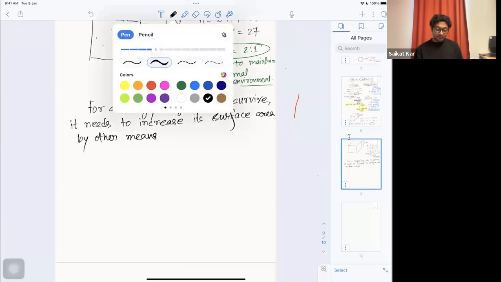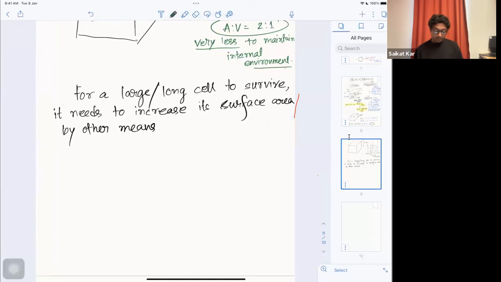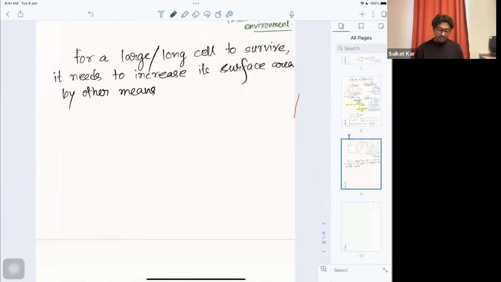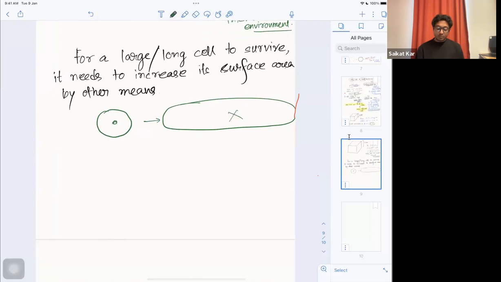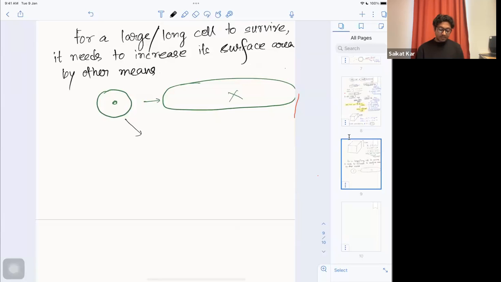Other means like, what does a neuron do? Suppose this is a cell, and if it's just elongated, very long, it would be very tough to survive like this. So what a neuron does is become star shaped.